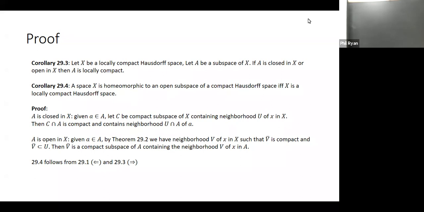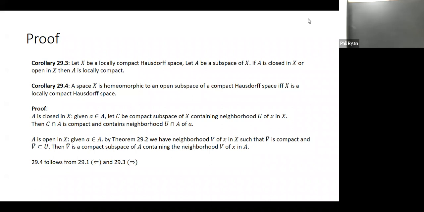If A is open, then for any point in A, by the previous theorem, we have a neighborhood V of X such that its closure is compact and its closure is contained in the neighborhood. And so then that just follows straight away.